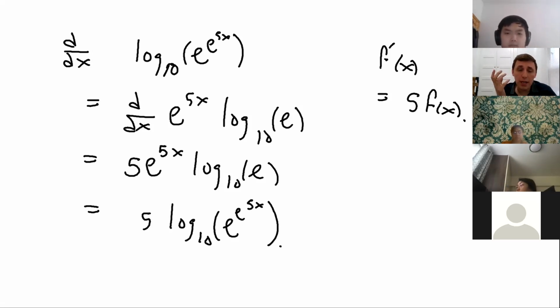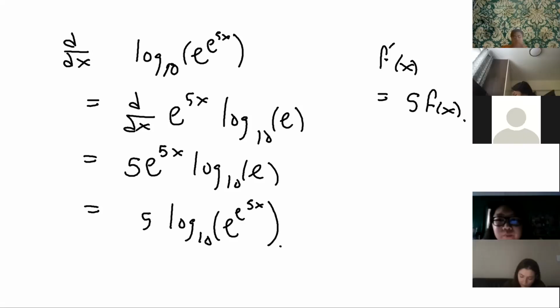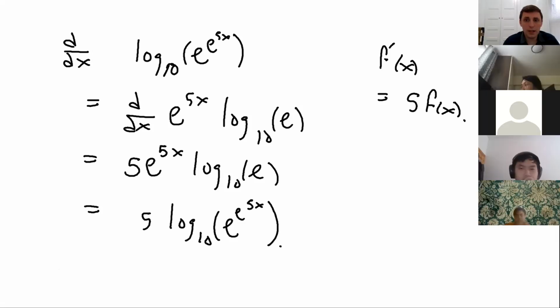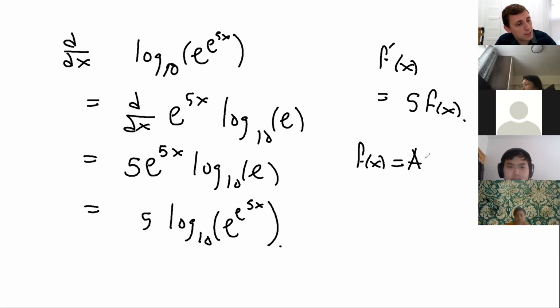Which, by the way, you can obtain by changing bases. A derivative of a function equal to 5 times the function means the function is very similar. So this function, as far as I know, is some constant times e to the 5x. Something like that.